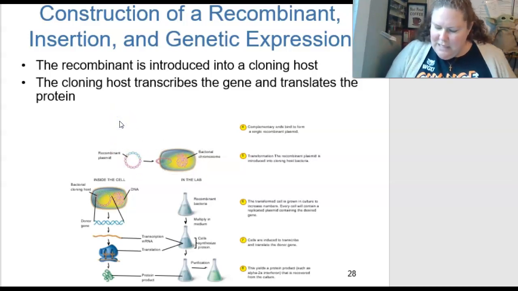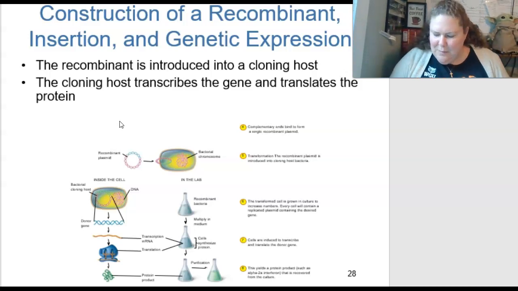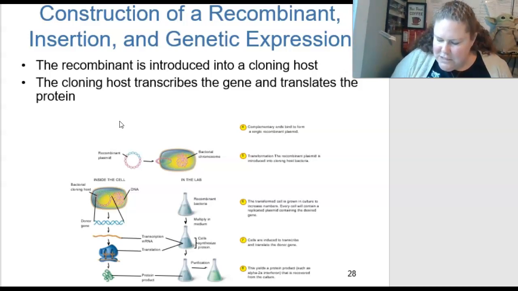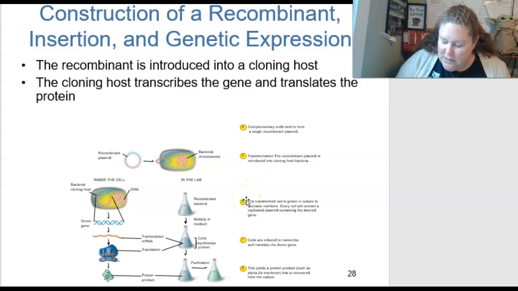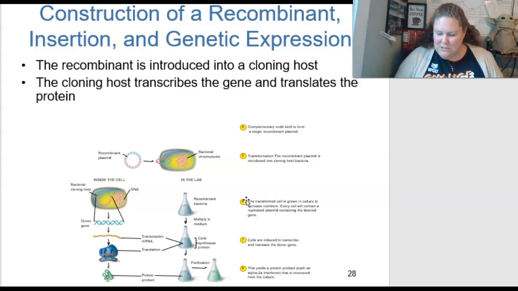And then this recombinant plasmid is going to be introduced into the competent cloning host bacteria, and the cell cultures are going to be grown on media that select only the clones that are antibiotic resistant, therefore carrying that donor gene. And then down here in 6, you can see that the recombinant isolates are grown in culture to increase the numbers, and then every cell will now contain a replicated plasmid that is going to be carrying that gene.